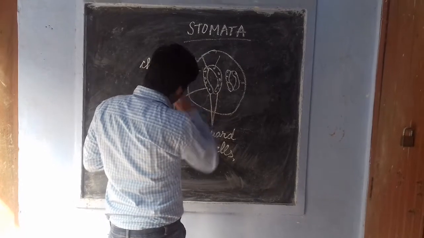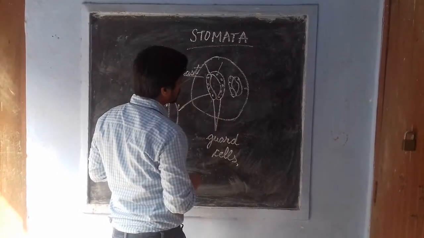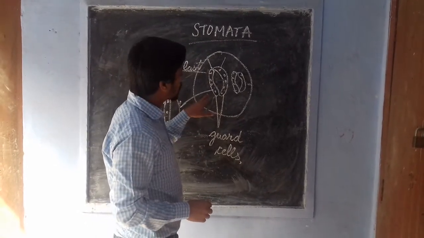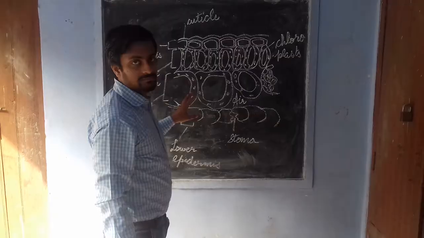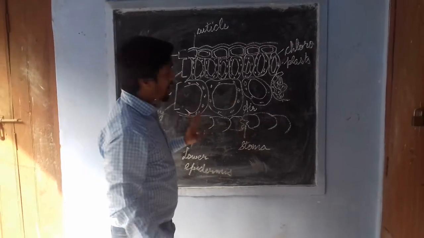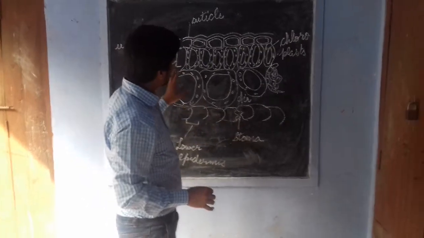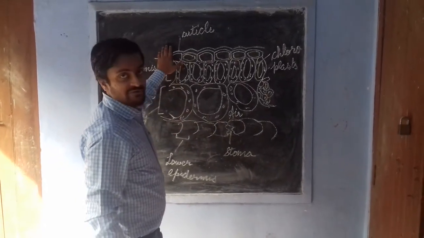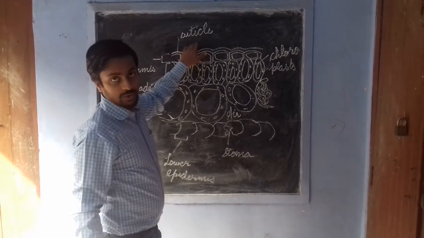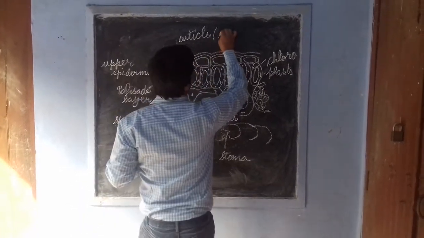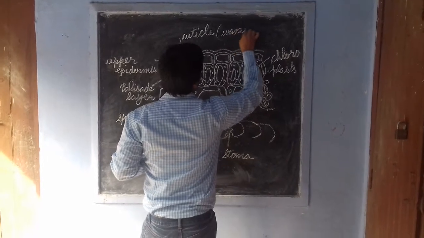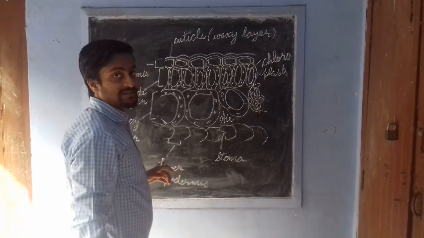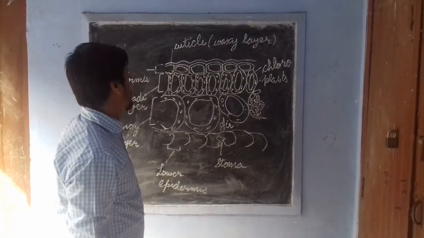Now, these chloroplasts are the site of photosynthesis, and they contain the pigment called chlorophyll. Here I have drawn the structure of a leaf to demonstrate the presence of chloroplasts in it. The upper surface of the leaf is the cuticle, which is a waxy layer, and this waxy layer prevents the loss of water from the leaf to some extent.